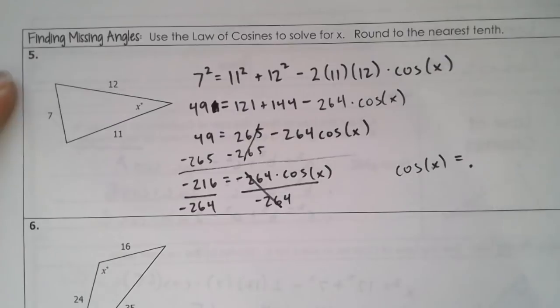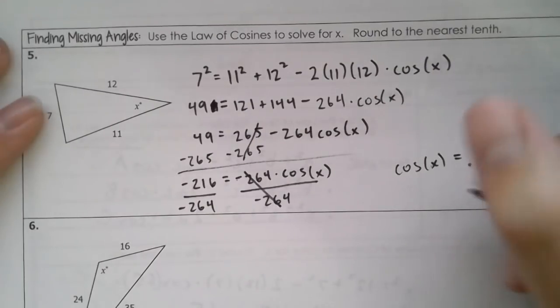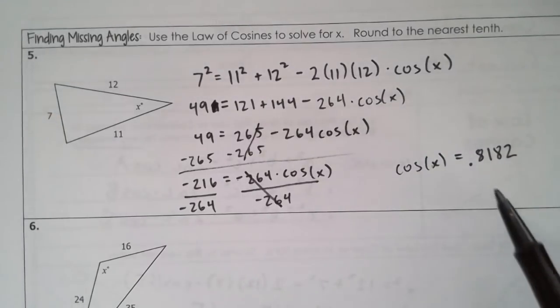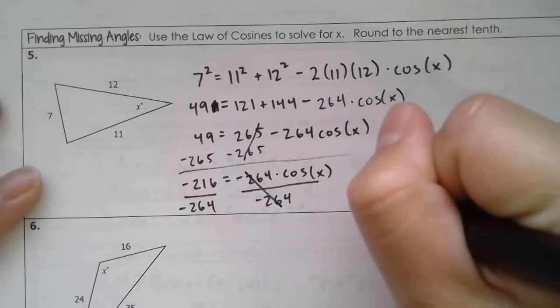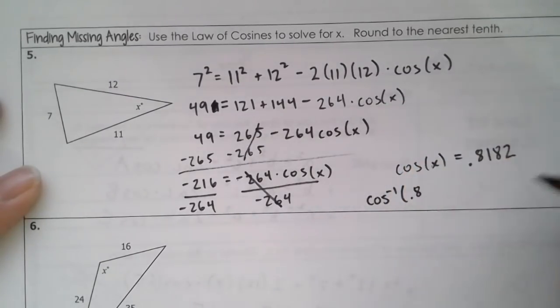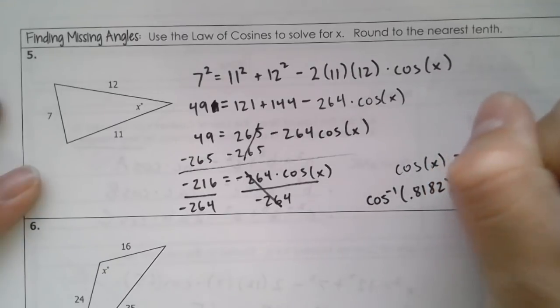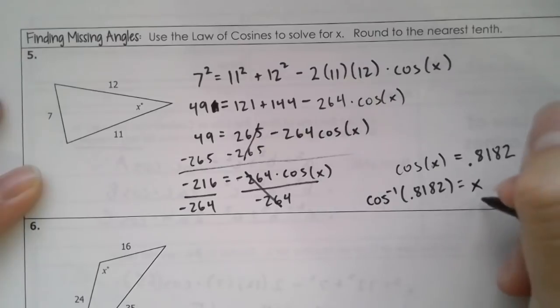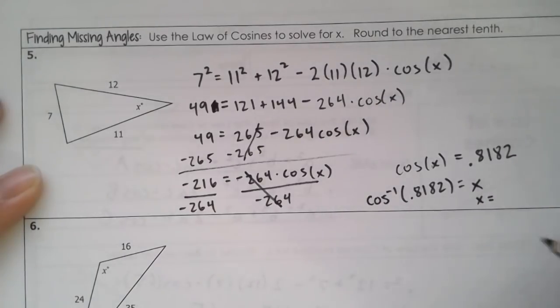When you do that, you're going to get 0.8182. So cosine x is equal to this. Take the inverse cosine of 0.8182. Make sure you're in degree mode. Put that in your calculator, and you're going to find that x is equal to 35.1 degrees.